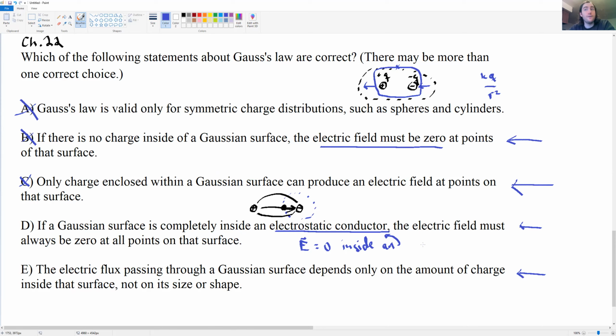So therefore, if we have a Gaussian surface which is completely inside of an electrostatic conductor, then of course the electric field will always be zero on all points on that surface. So this statement is correct.